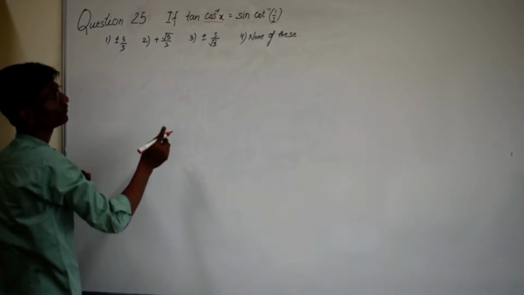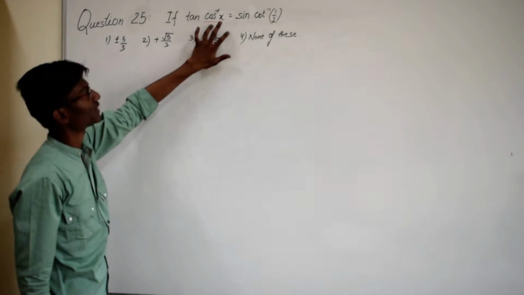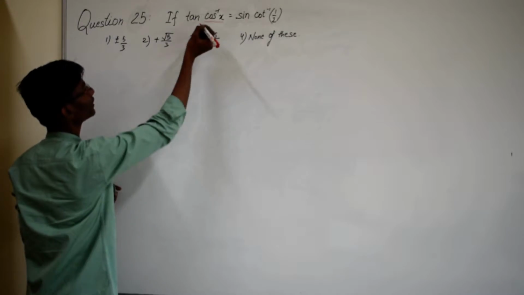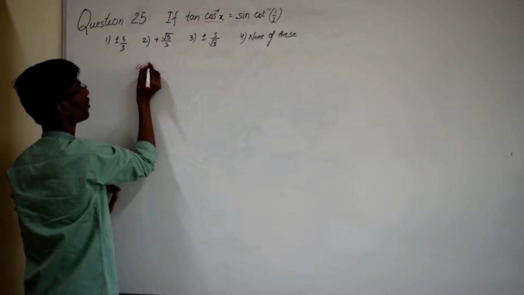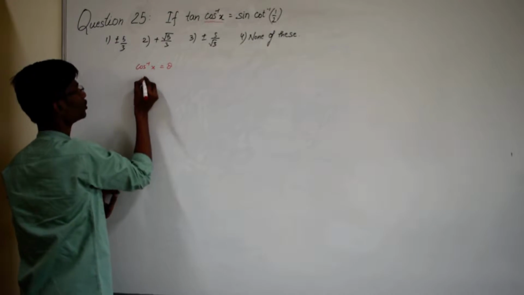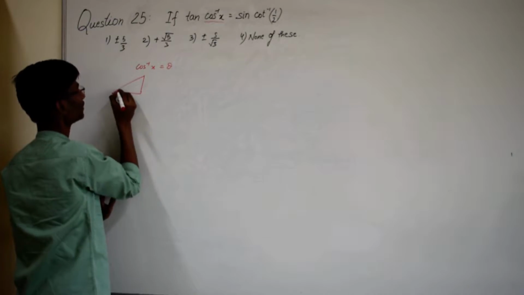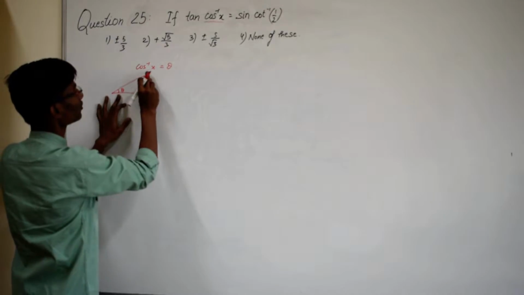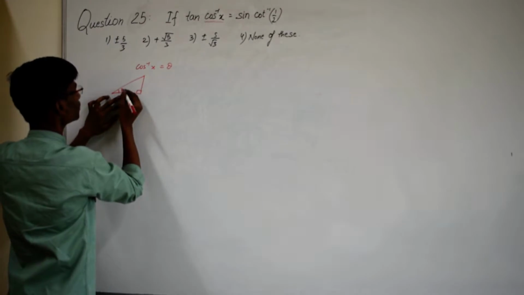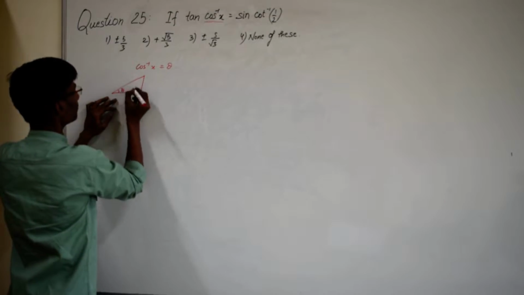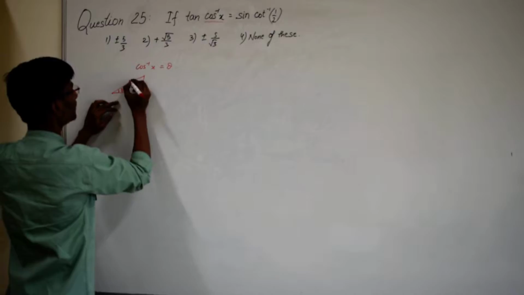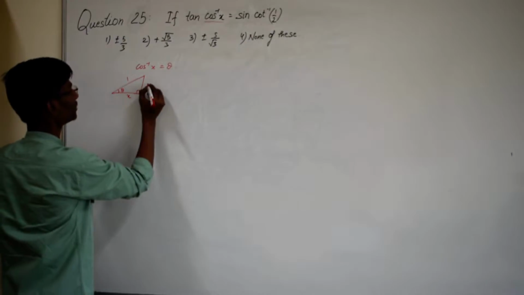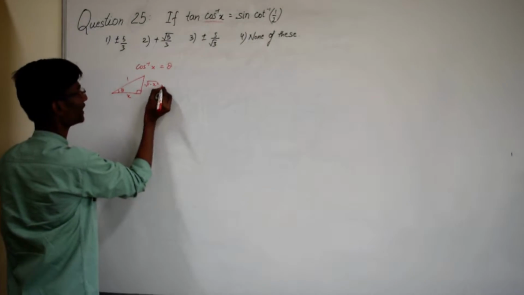First of all, I am calculating cos inverse x in terms of tan inverse. Let us assume cos inverse of x is equal to angle theta. Now I am taking a right angle triangle whose angle is theta. Since cos inverse x equals theta, the base will be x, the hypotenuse will be 1, and by Pythagoras theorem we evaluate this side as under root 1 minus x square.